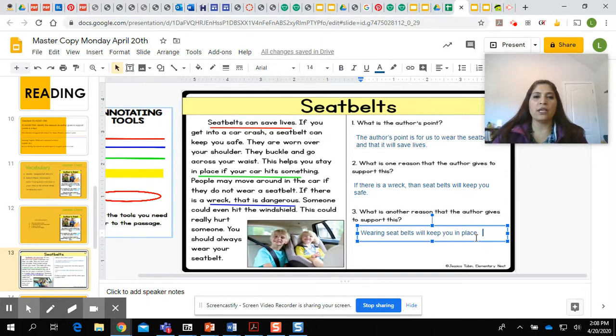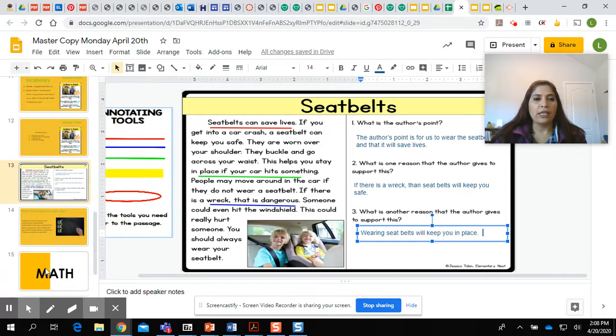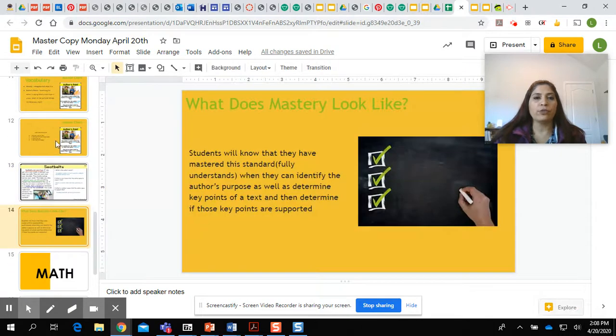All right, so this is another reason why the author is suggesting or telling us to wear the seatbelts. So now I know what the author's purpose is. The author's purpose is for us to wear the seatbelts, and he's giving us more than two reasons why it is important for us to wear the seatbelts. Now, at the end, if we're able to do what we just did, then we basically have mastered the standard.